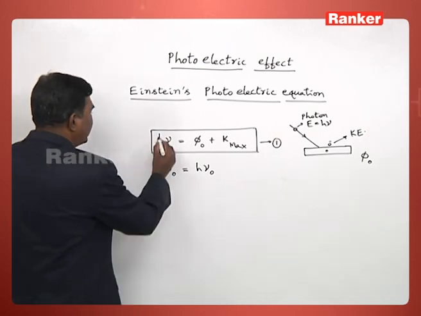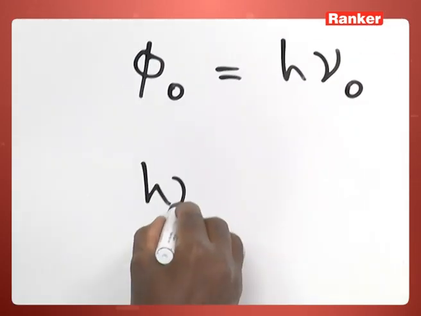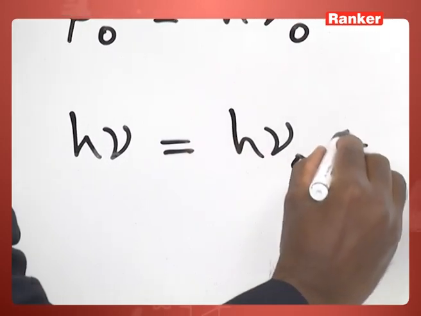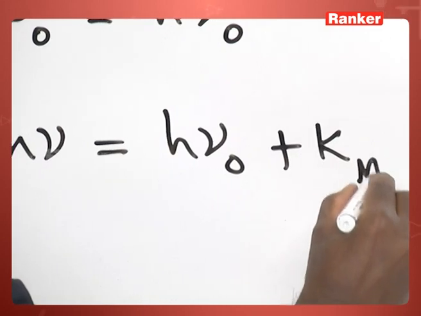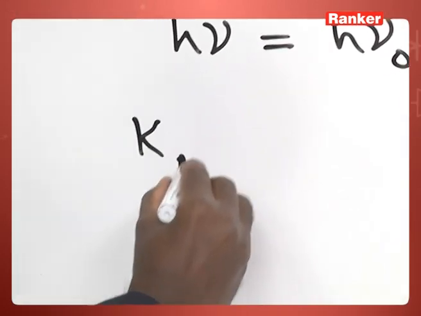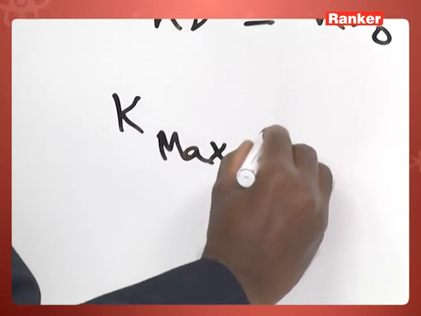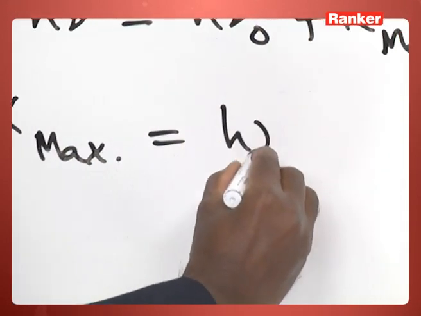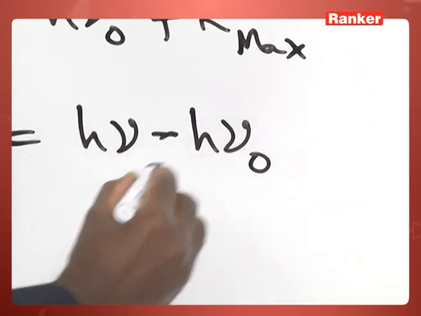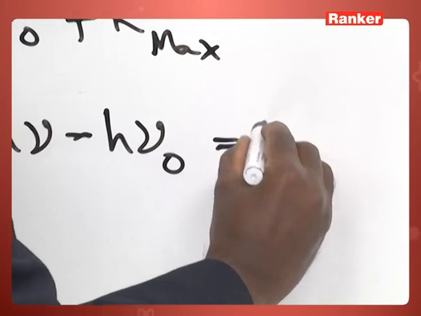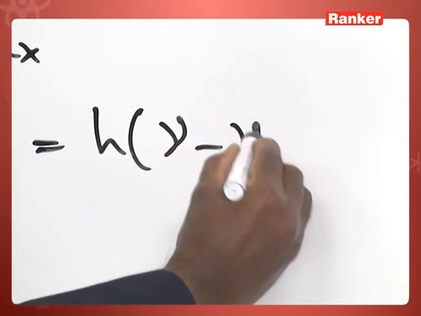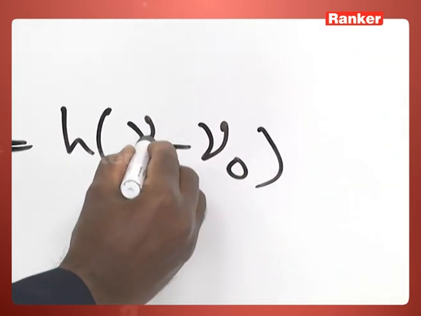So, obviously, this expression can also be written as h nu is equal to h nu naught plus K max, or we can write this expression as K max is equal to h nu minus h nu naught. So, you can take h as a constant common, that will become nu minus nu naught.